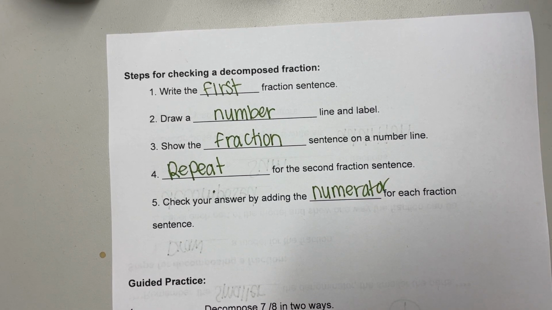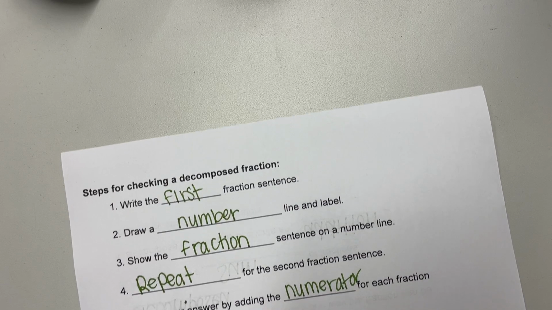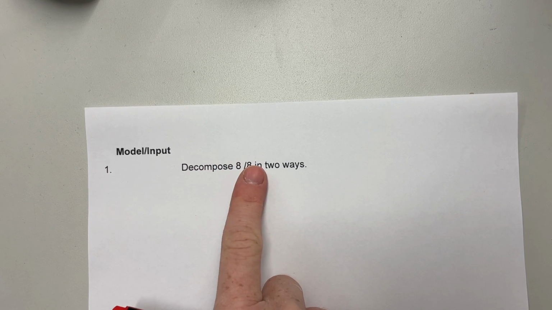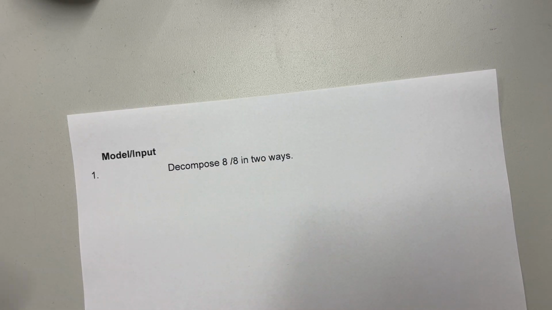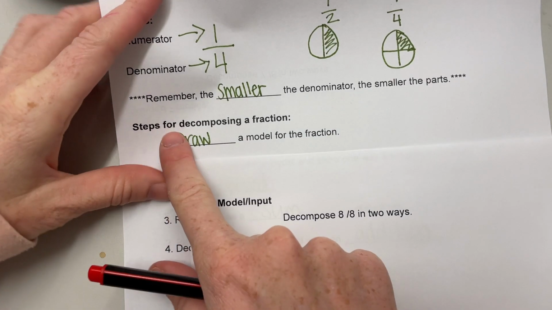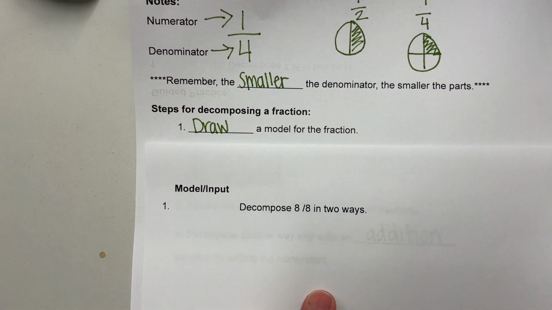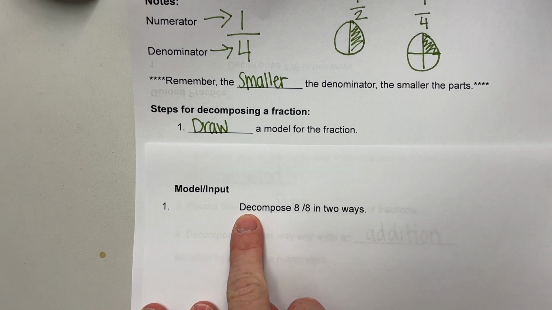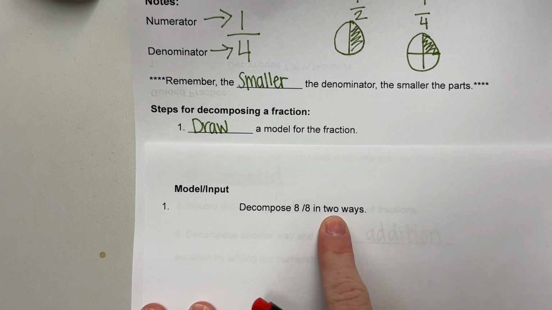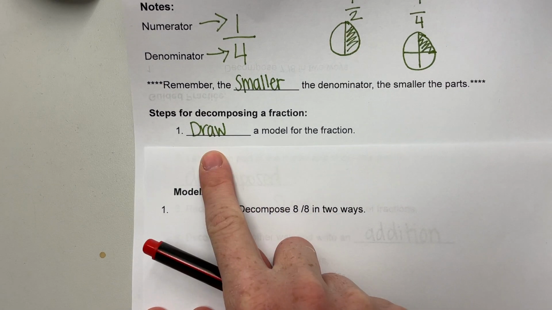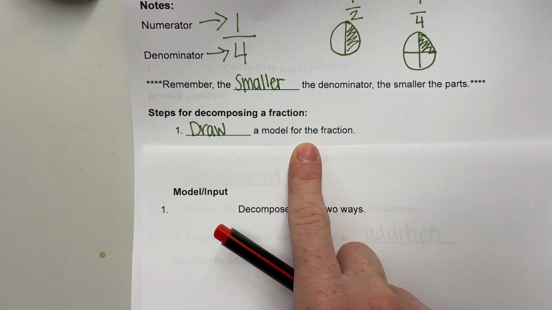Okay, I'm getting out my red pen, so you're just pausing. You are watching. And I'm going to see which set of steps do I need to use. So I have decompose. So I need to use my decompose steps. So step number 1 says draw, let's first read the problem. Decompose 8/8 in 2 ways. So I need to draw a model for this fraction.